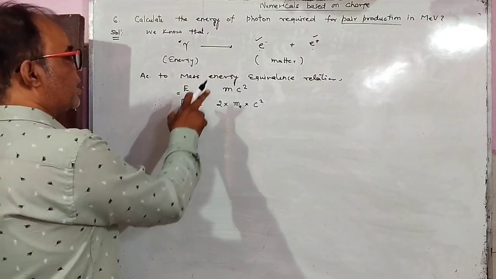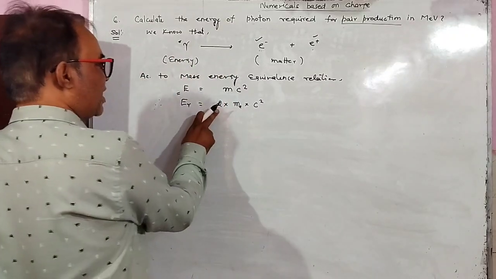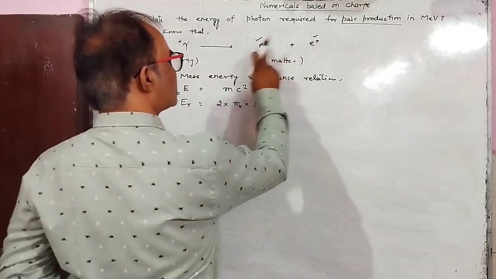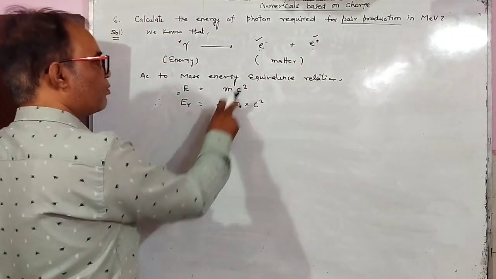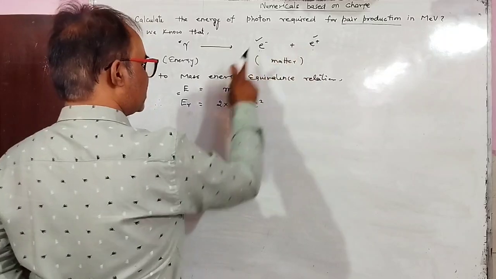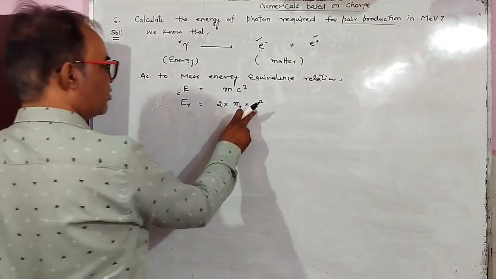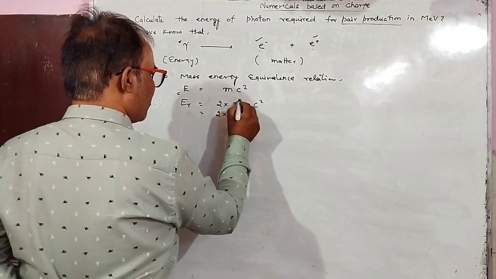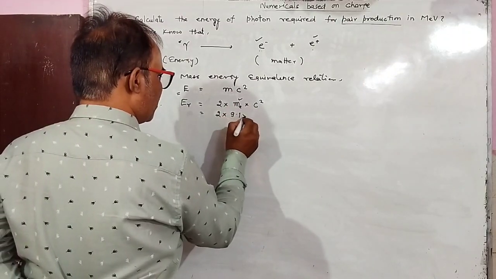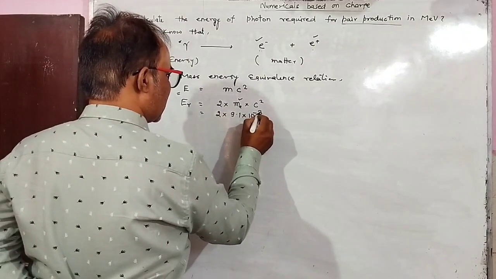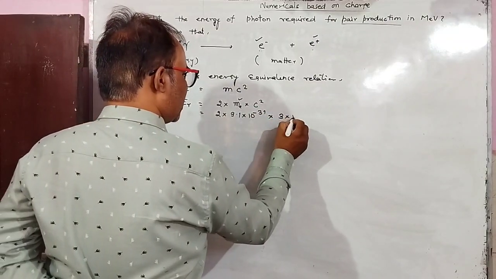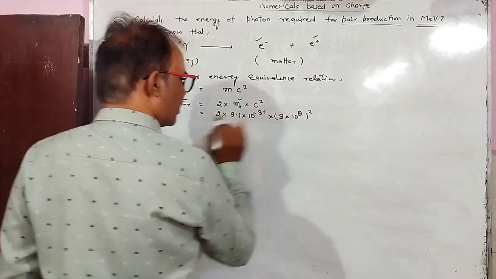Now you can see here we have multiplied by 2. Why? Because there are two particles. This is because both possess same mass, therefore this is mass of electron into c square. Putting the values, 2 into mass of electron is 9.1 into 10 to the power minus 31 kilogram, and c is approximately 3 into 10 to the power 8, so c square is 9 into 10 to the power 16.